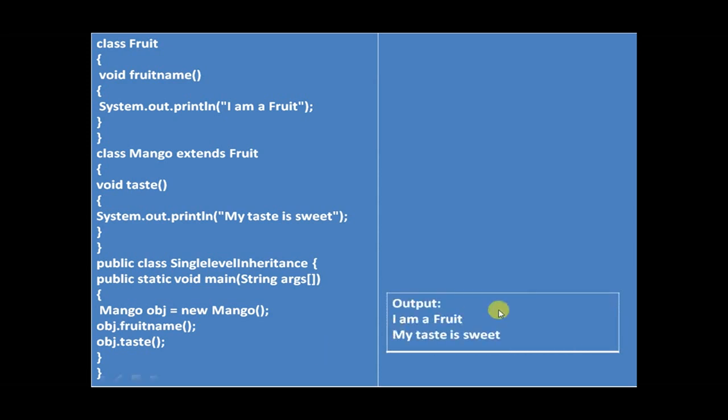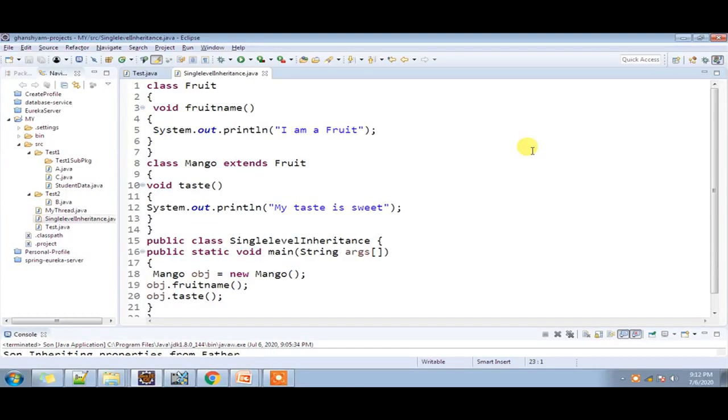So the output is: I am fruit, my test is sweet. Let me show you this example on the Eclipse IDE. Friends, I just copied the code from these slides. I have already explained this code.